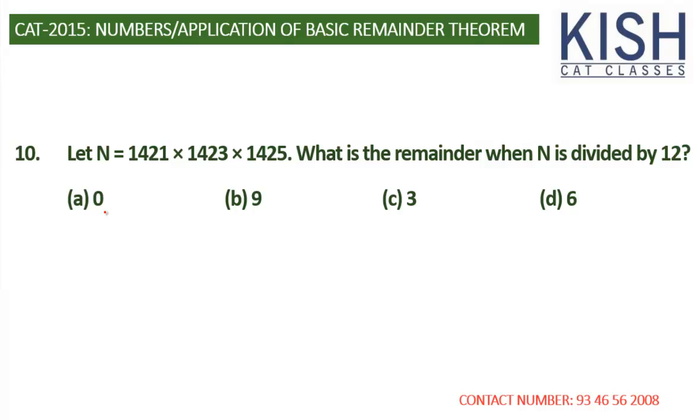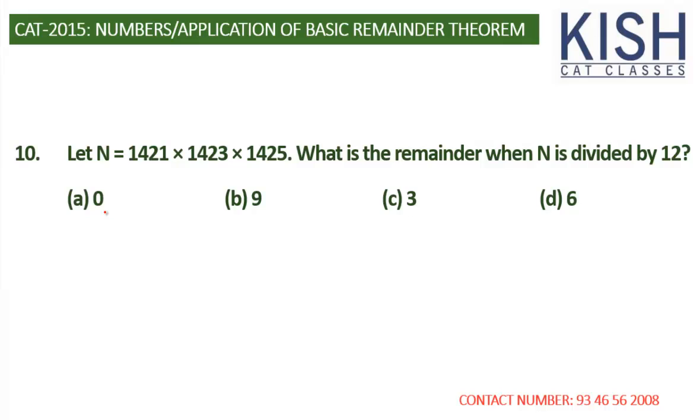Again, the result must be multiplied by 1425 to get a bigger number, and then we can divide by 12 manually. But that takes a lot of time.